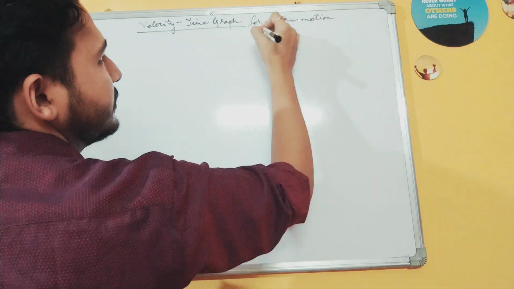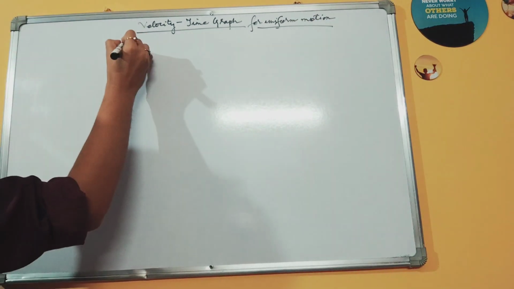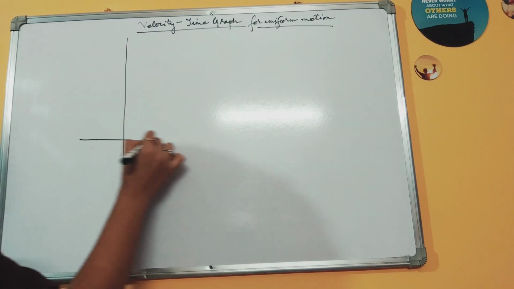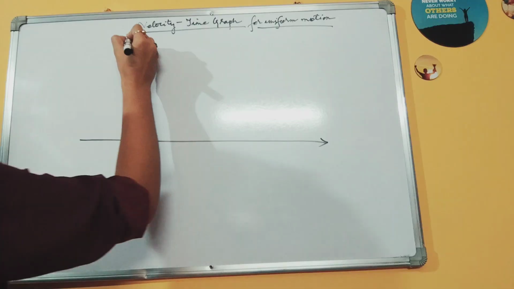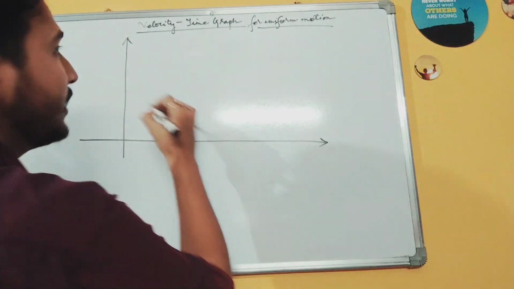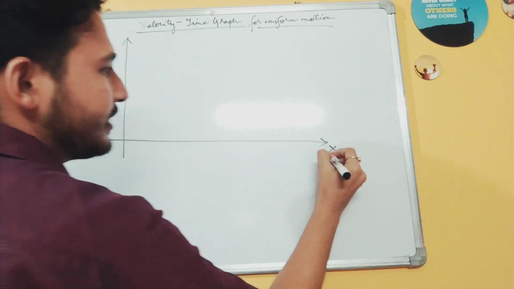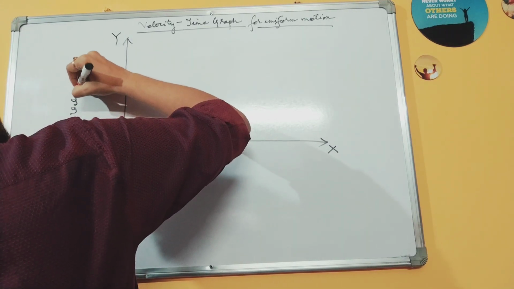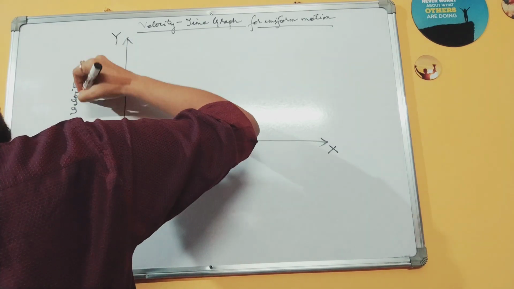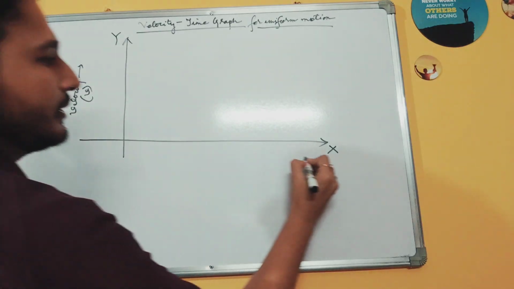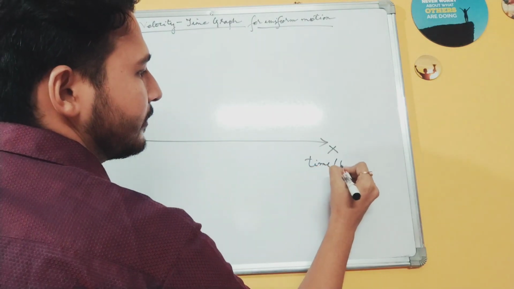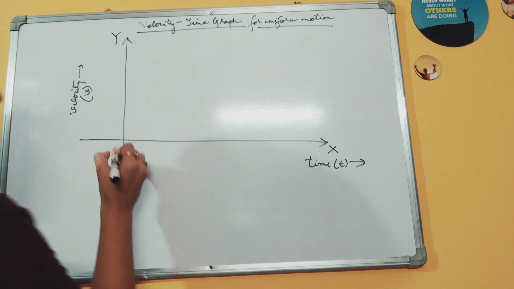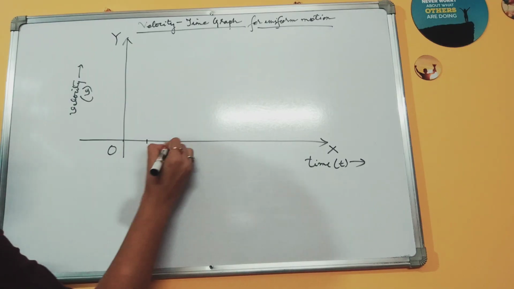same as that displacement time graph. For that you need to find out here like that. It's what? VT graph. So that is time, x-axis, y-axis. Here you need to write velocity. Okay, that is v, time, that is t. That is what? 0.